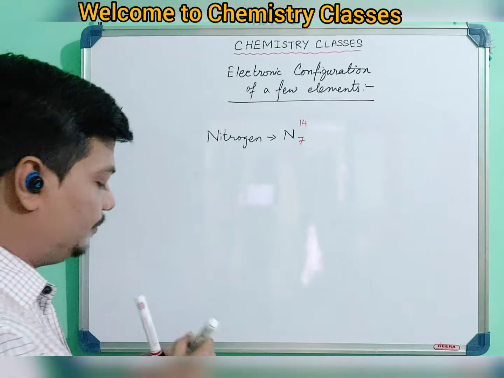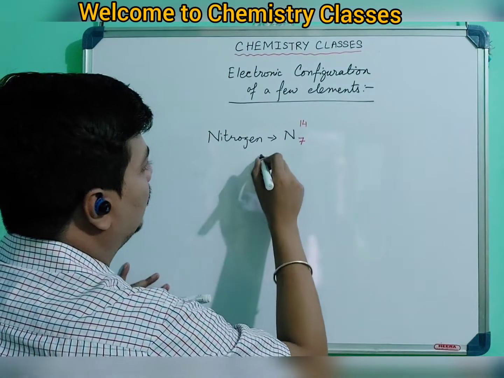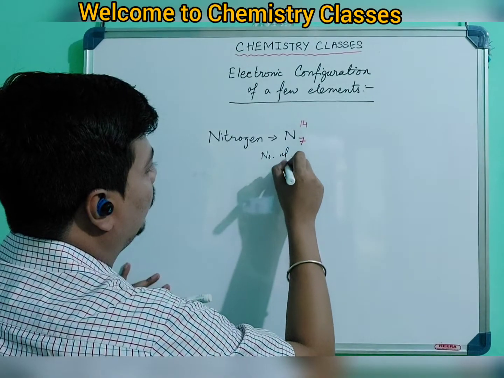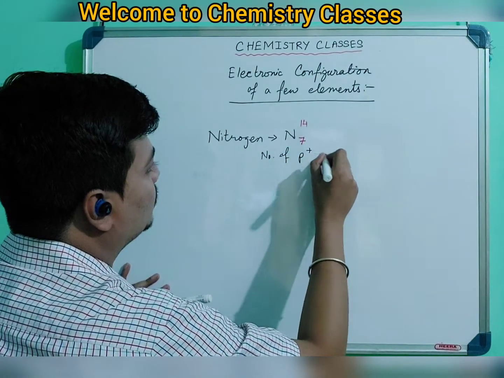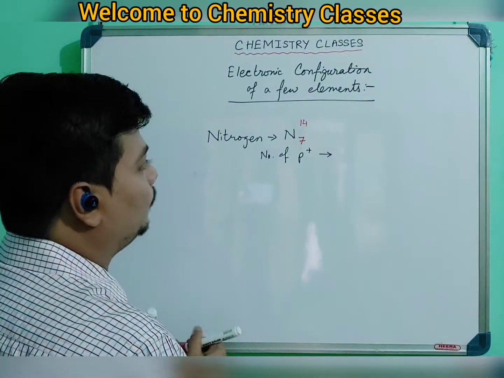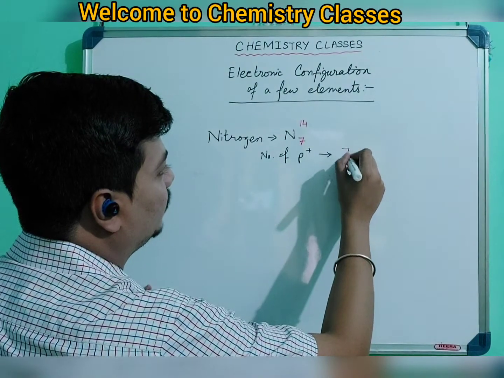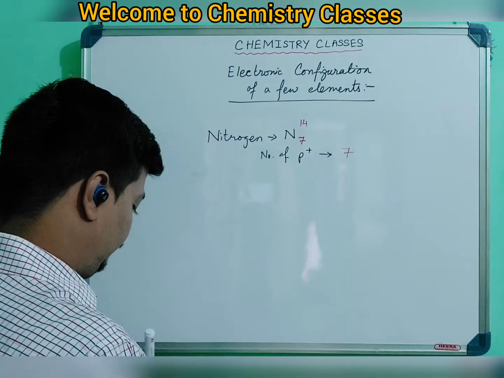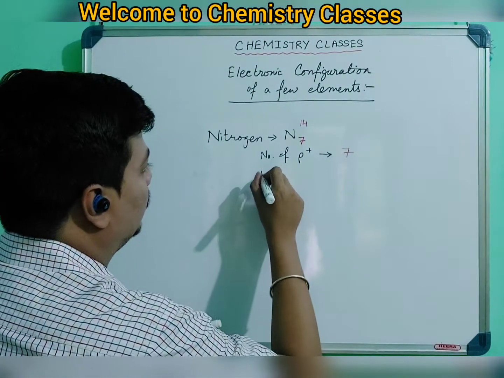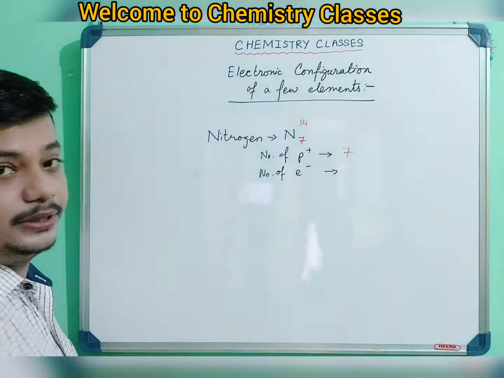So from this information, what do we get? We get number of protons. Protons, I'm writing it as P positive, okay? So number of protons will be how much? That is similar to the atomic number, 7. Number of electrons, how much will be this?